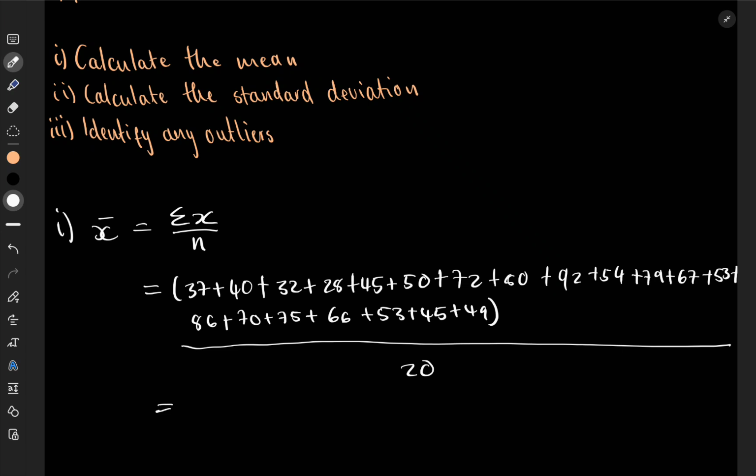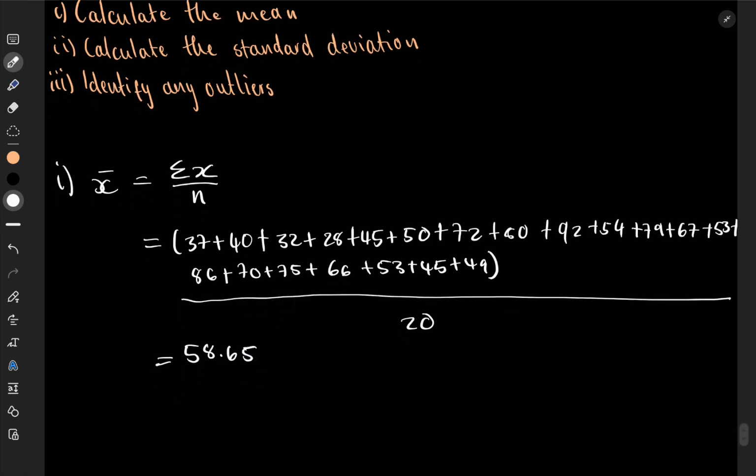Okay, then I'll say equal to, I'll get an answer, then I'll say divided by 20. I'll get 58.65. So my mean is 58.65. This is the mean. Now we'll go to standard deviation, part 2.